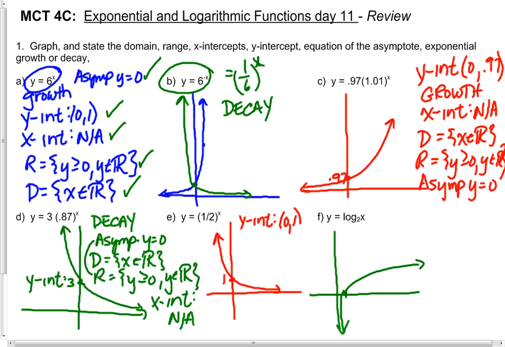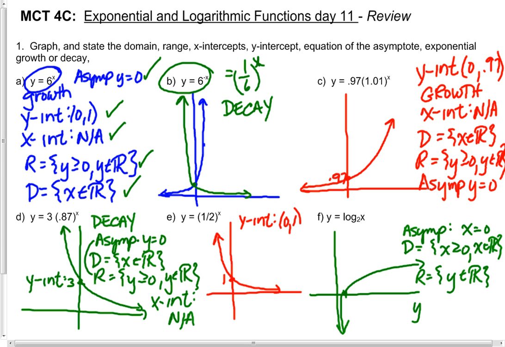This one appears to have an asymptote of the y-axis, which is x equals 0. The domain will be x has to be greater than 0. And it will have a range of any real number. There is no y-intercept. There is an x-intercept. It's 1. And I think we've covered it all for that one.